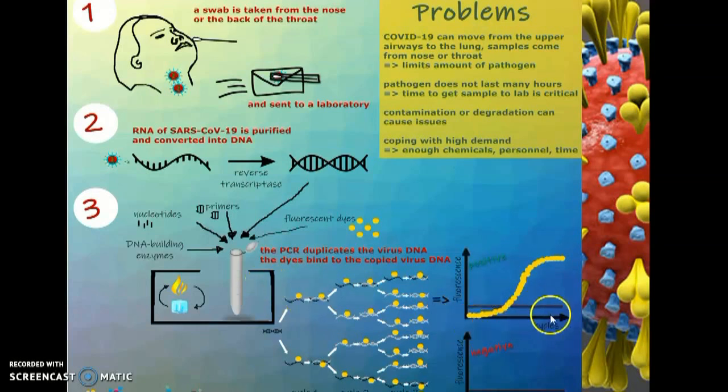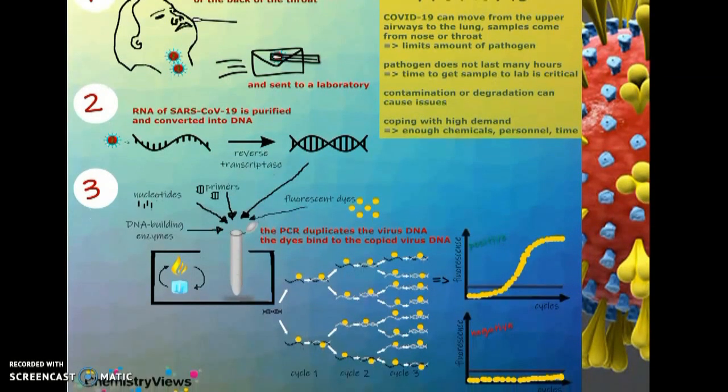So at the end, we have a large number of DNA molecules amplified, and as a result, it shows maximum fluorescence. In such a case, the sample is treated as positive. In case of negative results, there will be no increase in fluorescence because the sample does not have viral DNA or viral genetic material, so there will not be amplification.